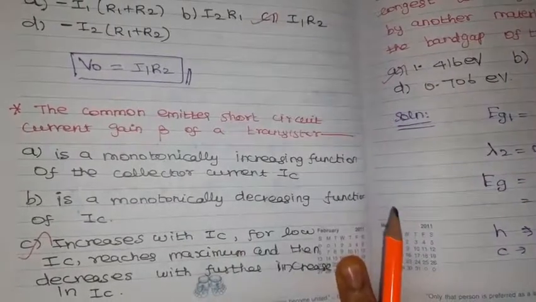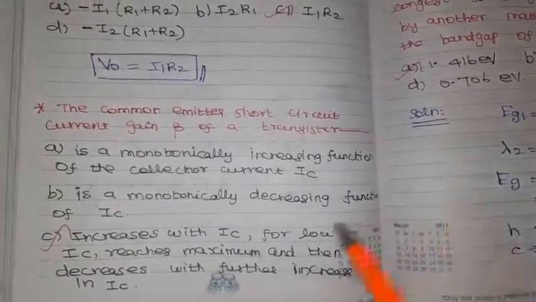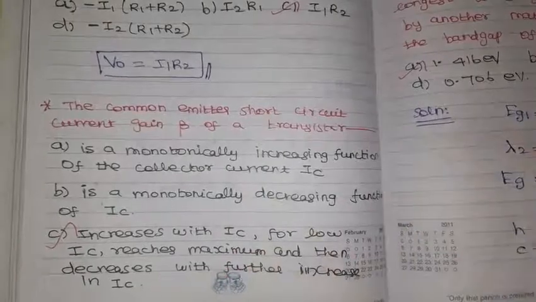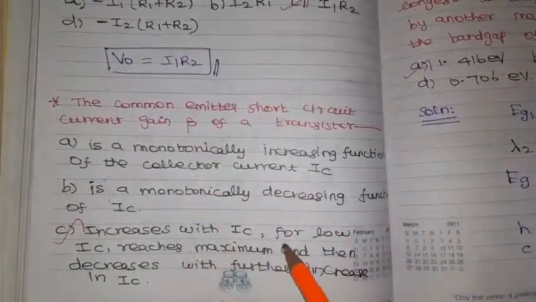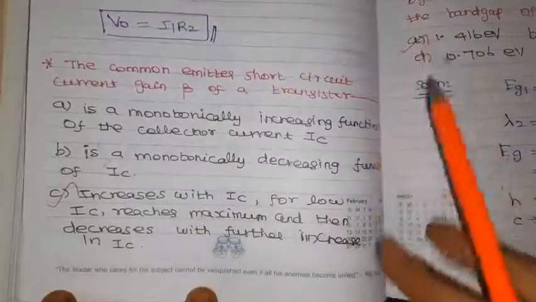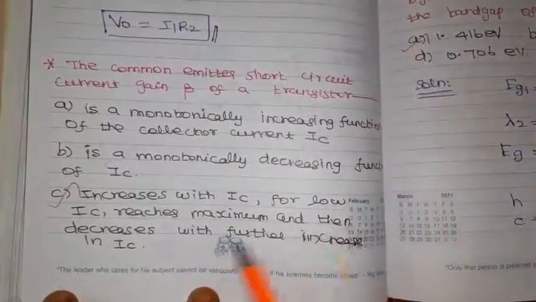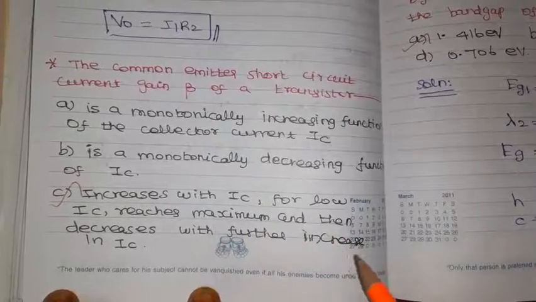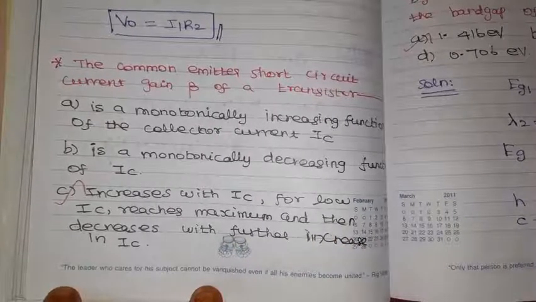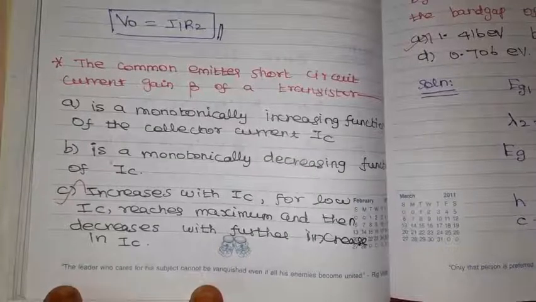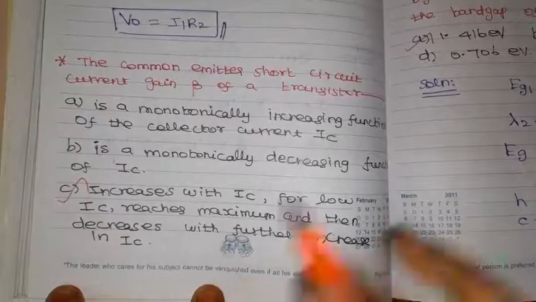The relationship between beta and IC: current gain will increase with IC for low IC, reach a maximum, and then decrease with further increases in IC. This is nothing but, whenever IC increases to a level, after the saturation point it will start to decrease. So this option C is the right option.